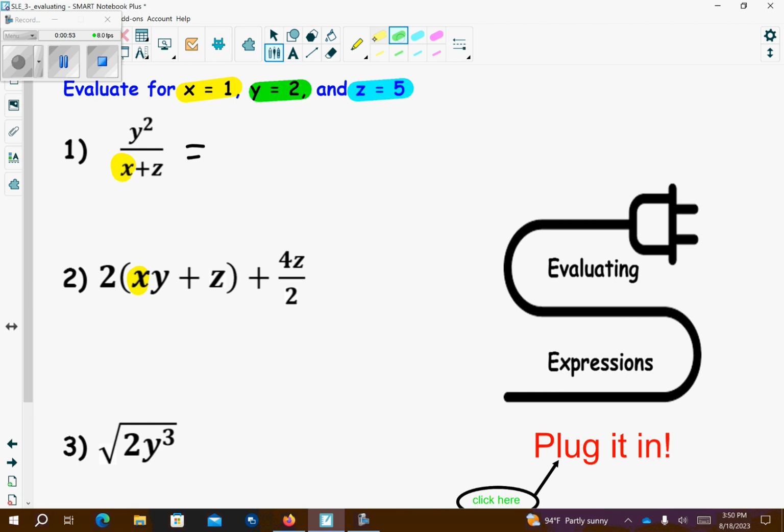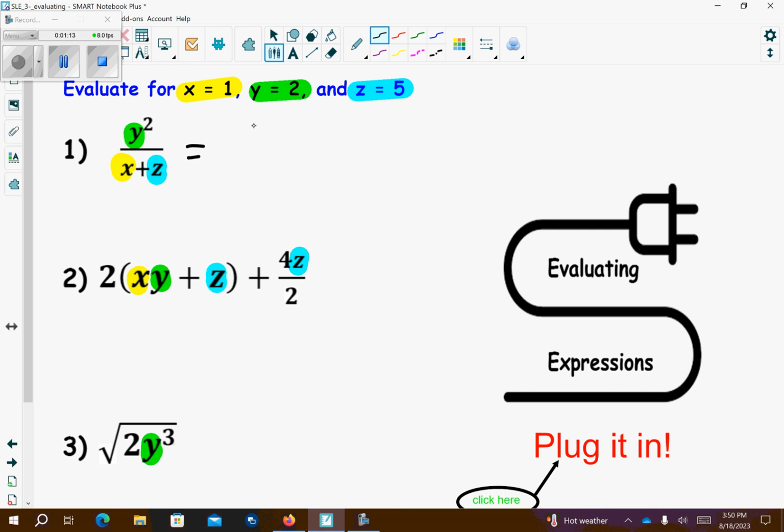I'm going to highlight all of the y's in green, and we'll plug in the 2. And I will highlight all of the z's in blue. These are 3 different problems. I was just preparing us.